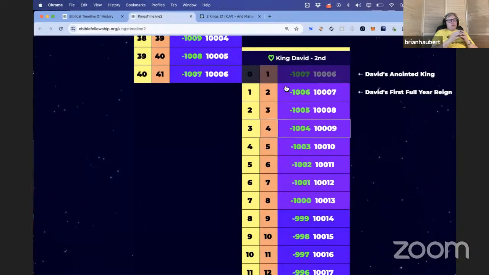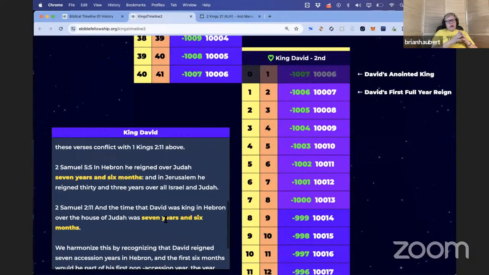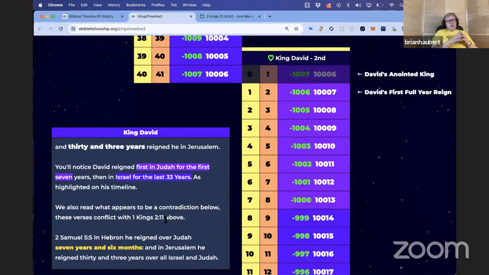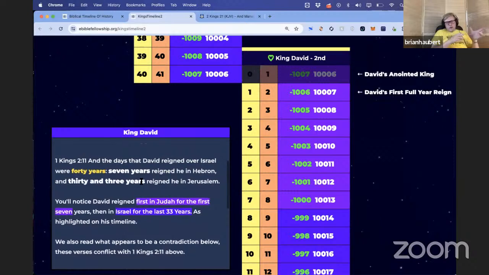And so too, in the case of Jehoiachin, after his father was deposed, he reigned as sole ruler for 10 days in his first non-accession month, and then he reigned for 3 accession months. And so that's how we can understand the discrepancy between 3 months and 3 months and 10 days. So he reigned 10 days in his first non-accession month, and then he reigned for 3 months thereafter.